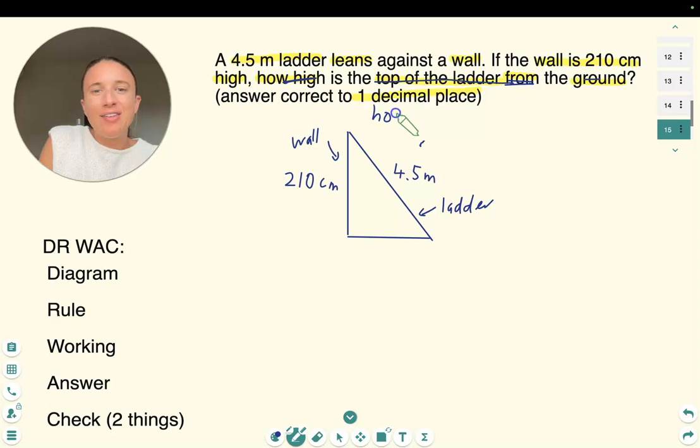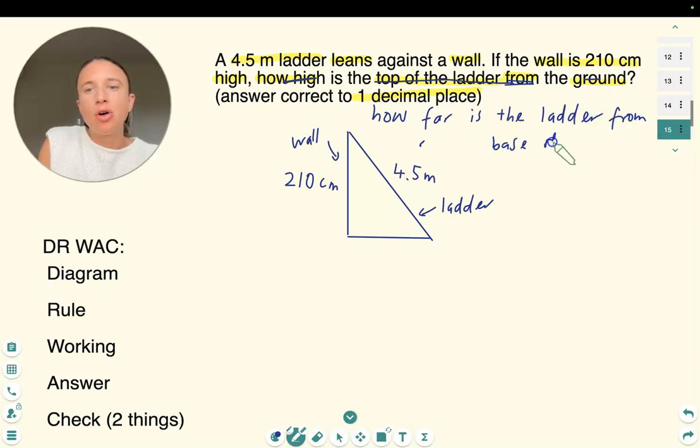How far is the ladder from the base of the wall? So that is my bad. That's our real question. How far from the base of the wall? Happens to be a right-angled triangle. Sorry for this dodginess, but it's just going to have to do. Looking at this diagram, let me rule that out.